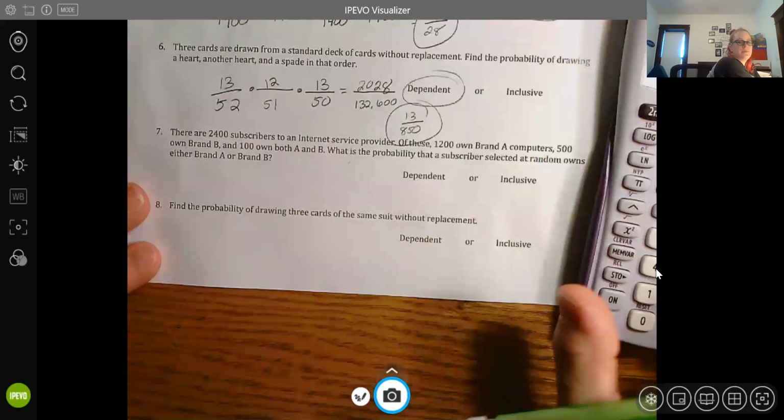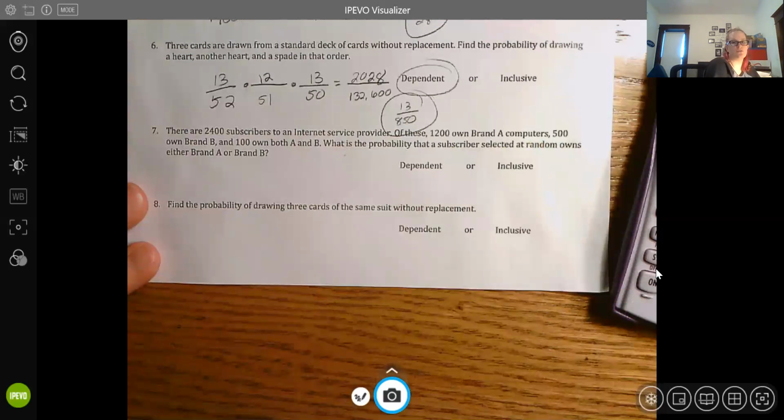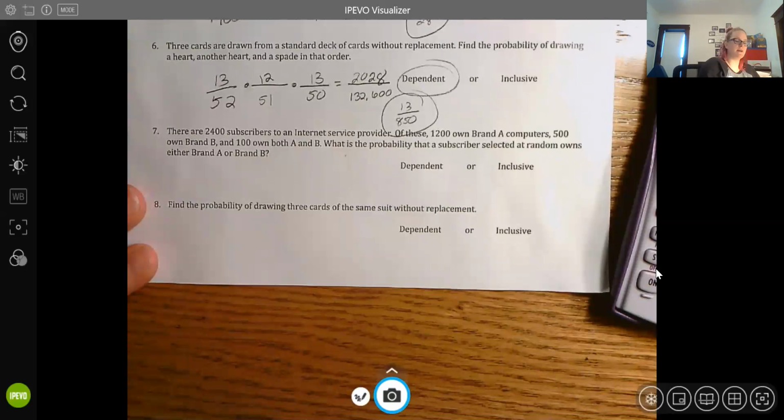All right. There are 2,400 subscribers to an internet service provider. Of these, 1,200 own brand A computers, 500 own B, and 100 own both of them. What is the probability that the subscriber selected at random owns either A or B? Automatically right there, when I hear something owns both or does both things, it's an inclusive.